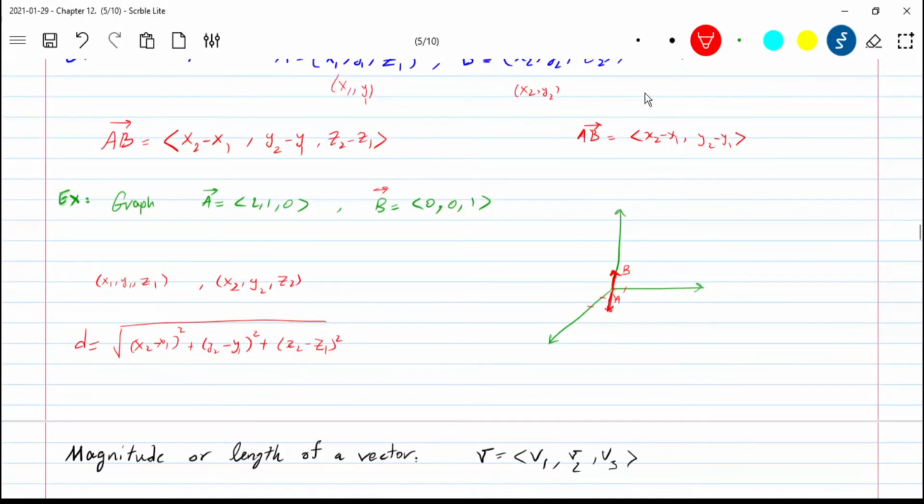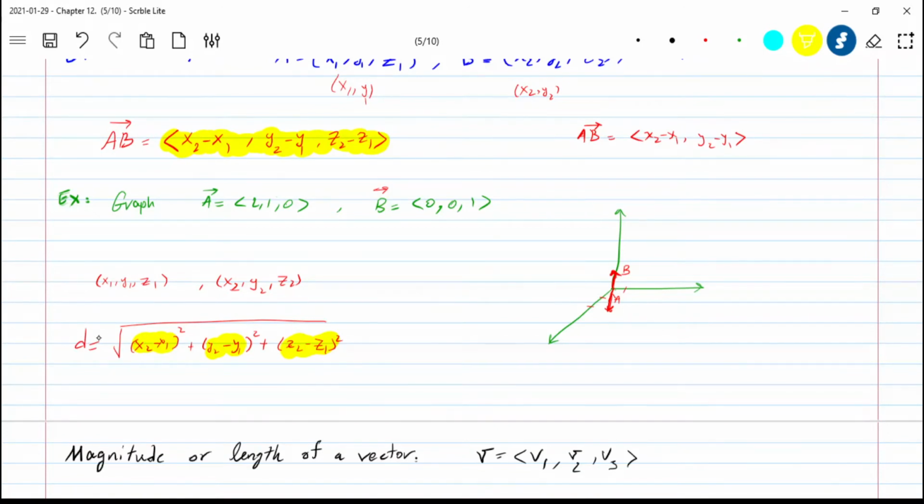But look here, what you see is if you have a vector given with 2 points, the initial and terminal, the x2 minus x1 is basically the first component of that vector. y2 minus y1 is the second component of that vector, and z2 minus z1 is the third component.